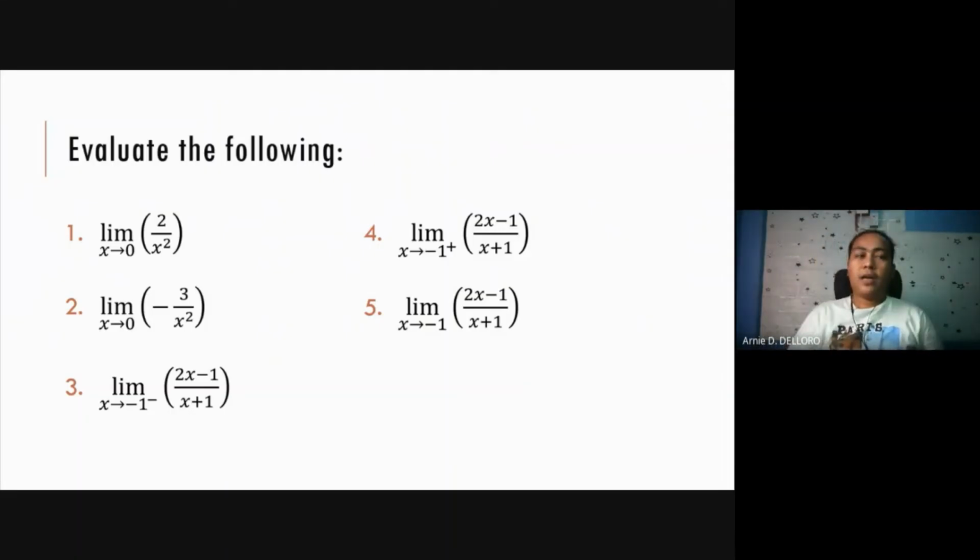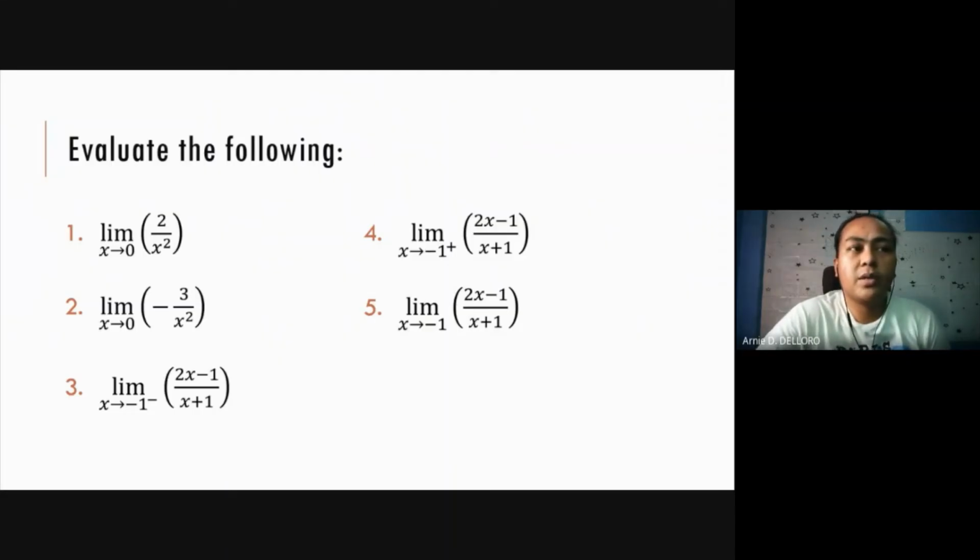Evaluate the following. Limit of 2 over x squared as x approaches 0. Limit of negative 3 over x squared as x approaches 0. Limit of 2x minus 1 over x plus 1 as x approaches negative 1 from the left.